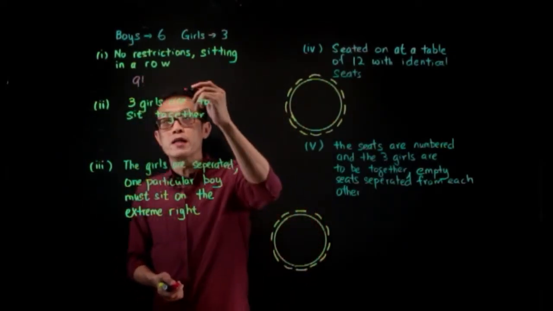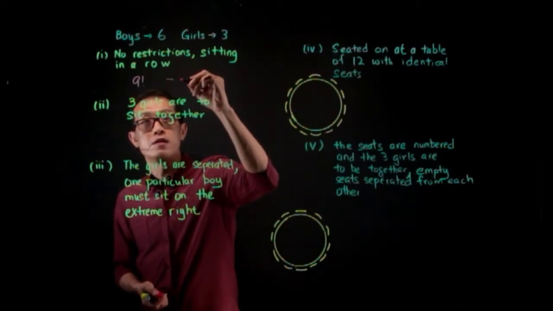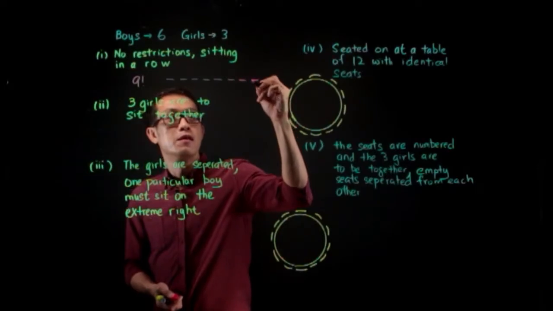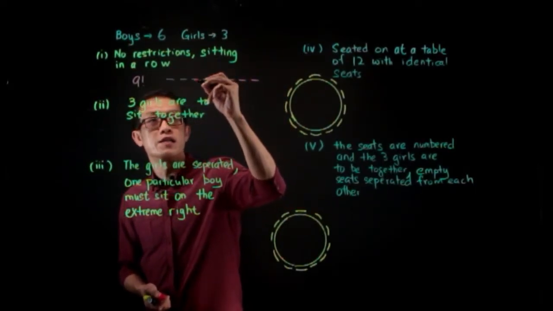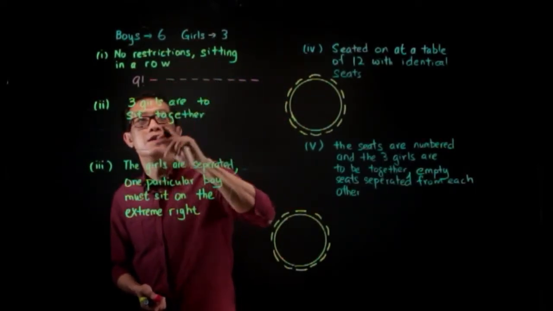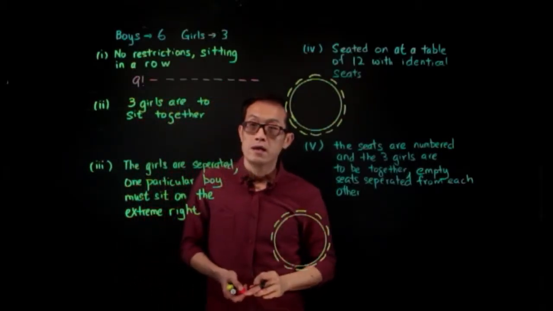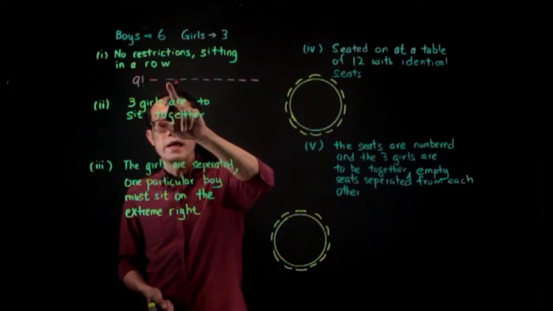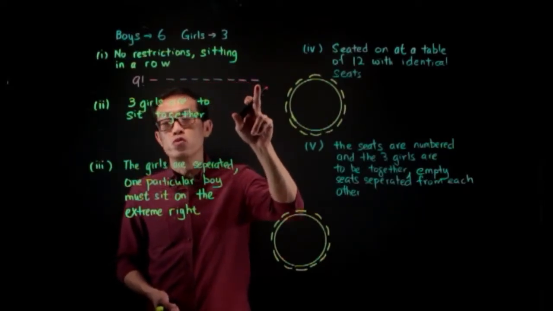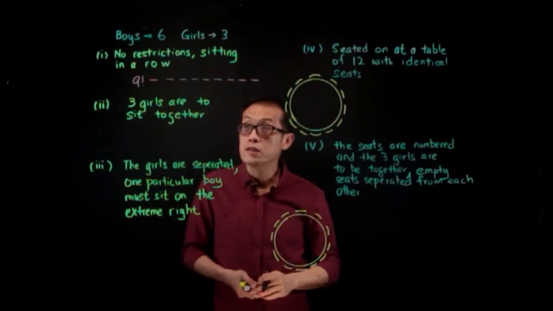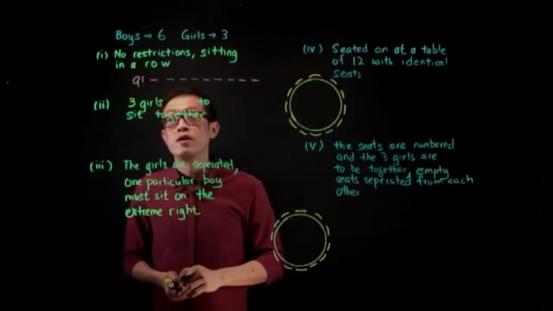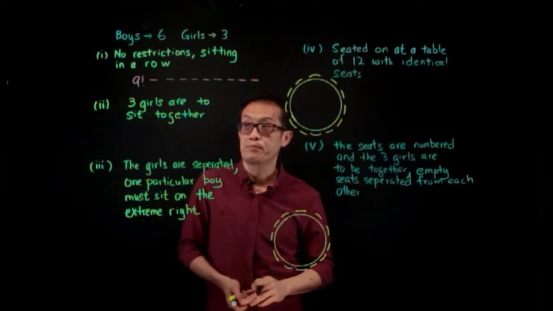Now, you can look at how we arrive at 9 factorial. 1, 2, 3, 4, 5, 6, 7, 8, 9. The first person will have 9 choices, followed by 8, 7, 6, 5, 4, 3, 2, 1, so on and so forth. And then you multiply together, so it gives you the answer of 9 factorial.